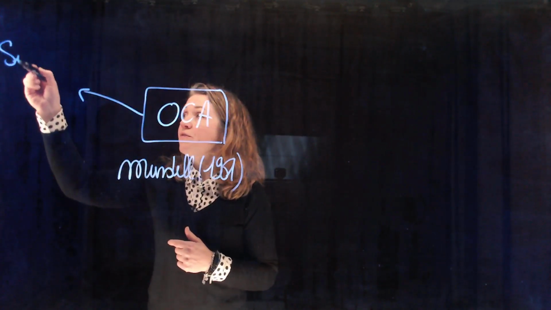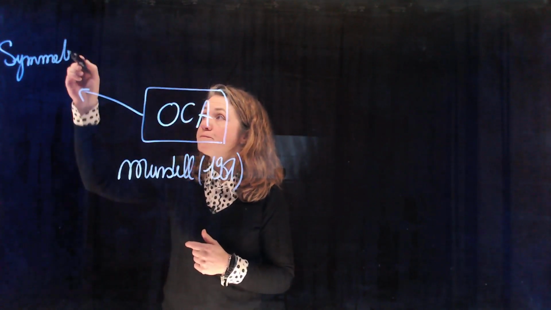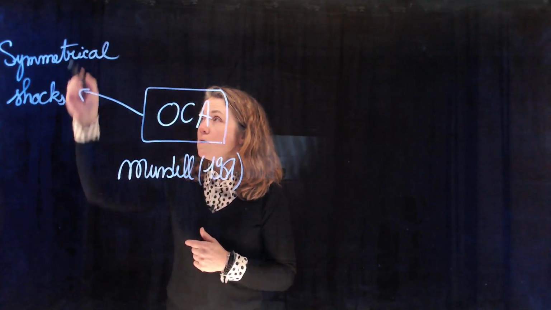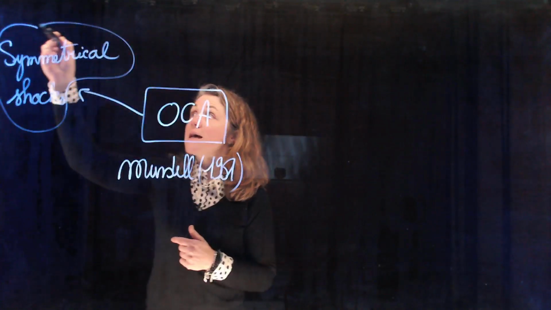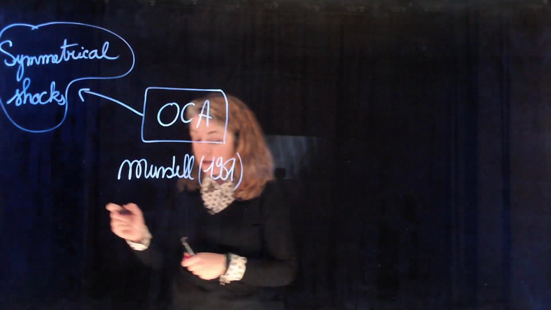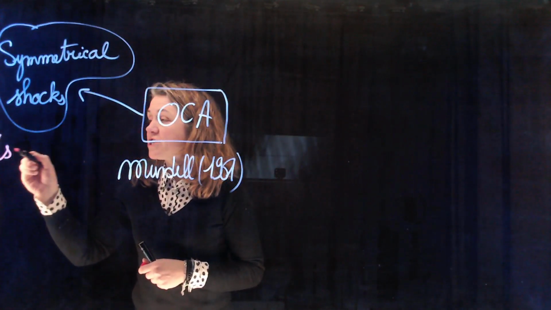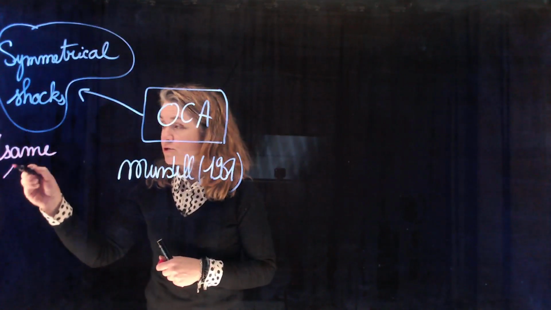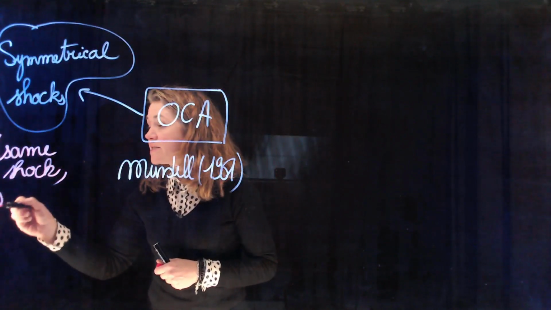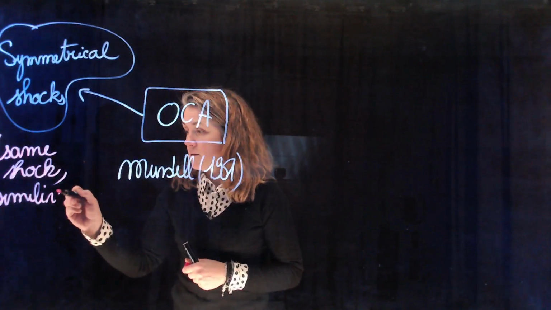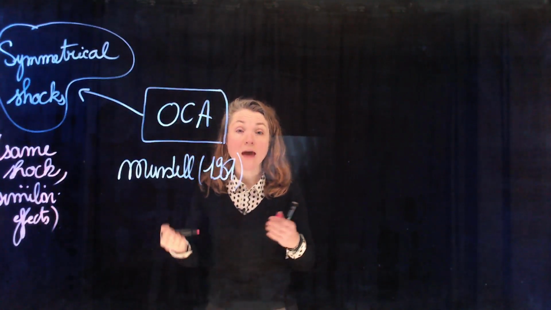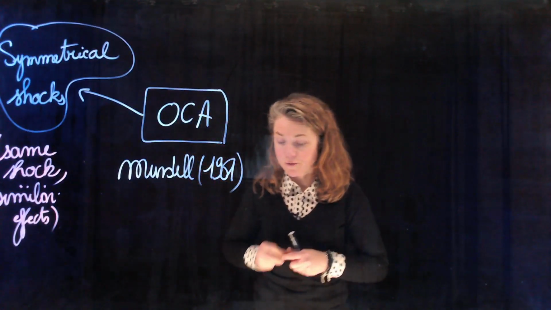When we face symmetrical shocks, the currency area is able to cushion, to stabilize the shock, because a symmetrical shock is a shock which is the same for all the partners. They face the same shock, which has similar effects. So the common central bank is able to cushion this kind of shock.